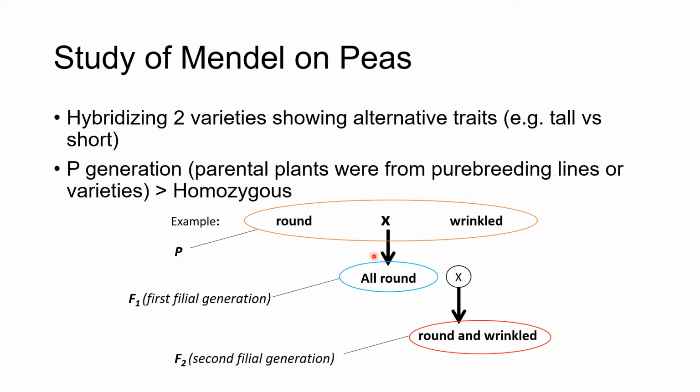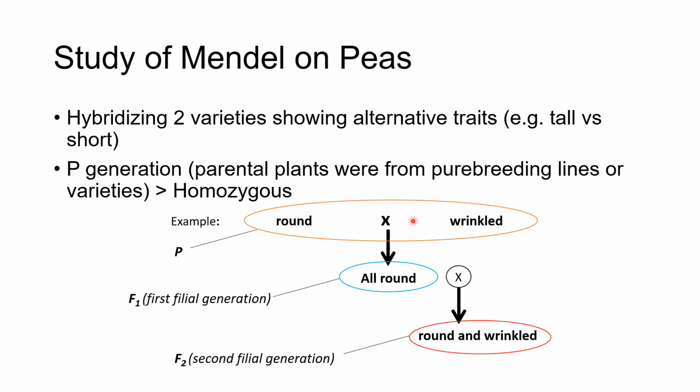So, bale, yung mga all round na yun, yung first filial generation na yun, hindi na sila homozygous. Heterozygous na sila. Kasi, magkaiba na yung allele eh. Meron siyang dominant at saka meron siyang recessive na allele na. Kasi pinag-cross mo na sila eh.